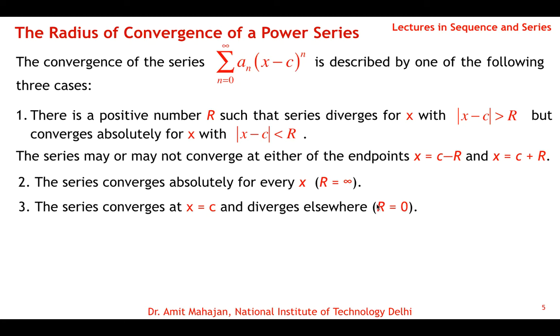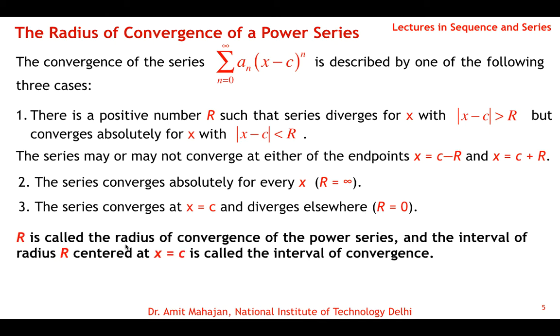Okay, here this r is called the radius of convergence of the power series, and the interval of radius r centered at x is equal to c is called the interval of convergence. Either you will get the convergence in an interval like this, or you can get that the series converges for every x.